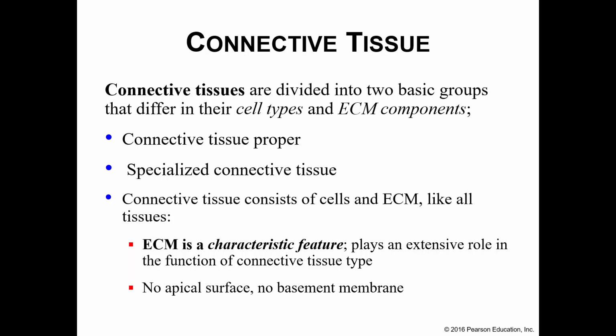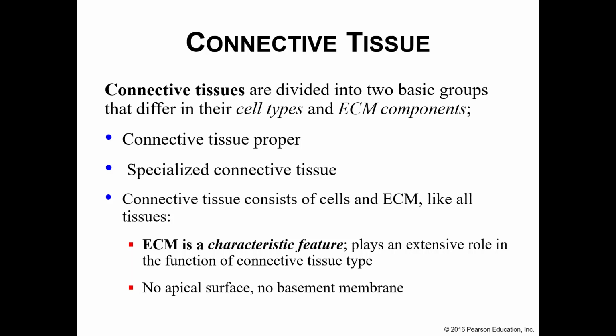However, for connective tissue, the extracellular matrix, that's where it is. That's the main feature to distinguish each of these types of tissues. It also plays a big role in the function of each specific type of connective tissue as well.